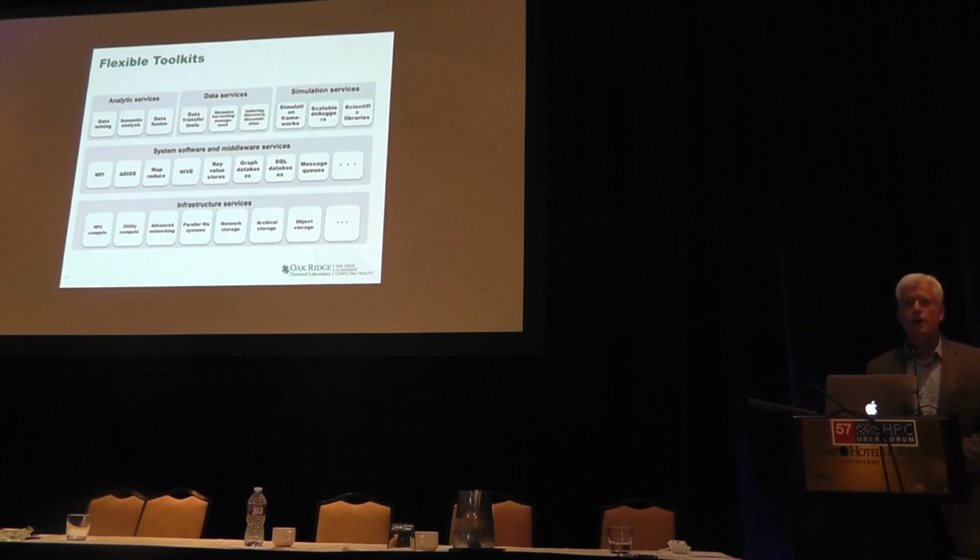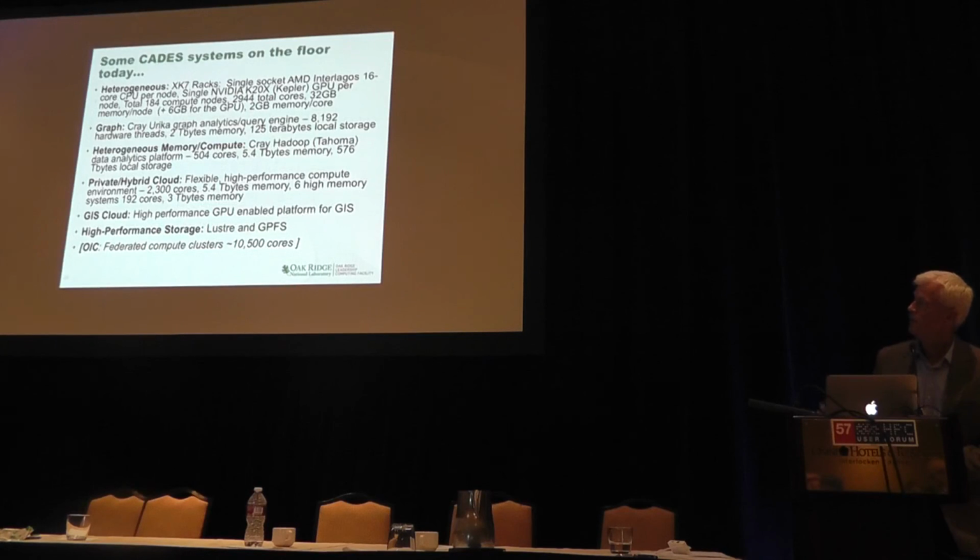But CADES right now is partnering with some of the data experimental facilities at Oak Ridge, Spallation Neutron Source as an example, the Center for Nanomaterials, in understanding their imaging needs, their data needs, and using this technology and the toolkits and the ecosystems as well as the staff to help some of the projects internally. So it's been more internal looking to date, but we see it expanding and moving out externally later in the next few years.